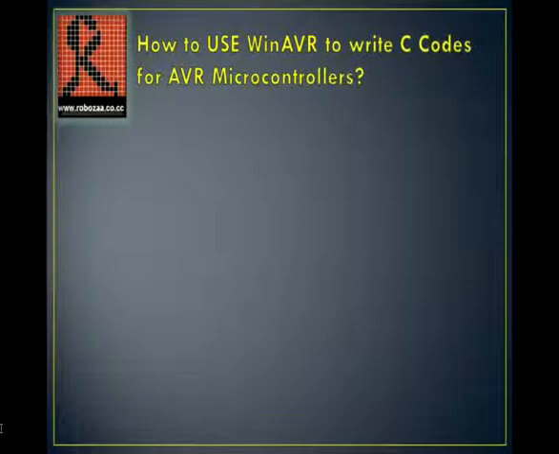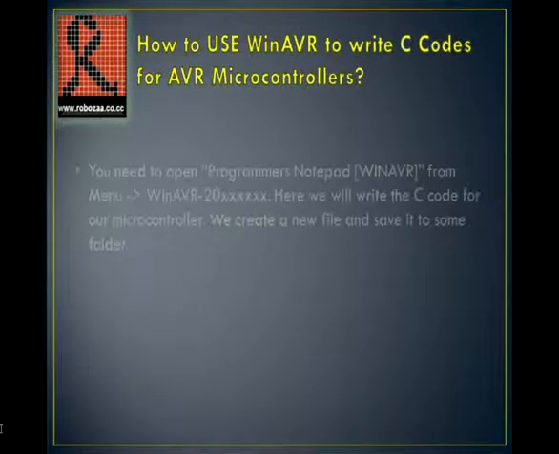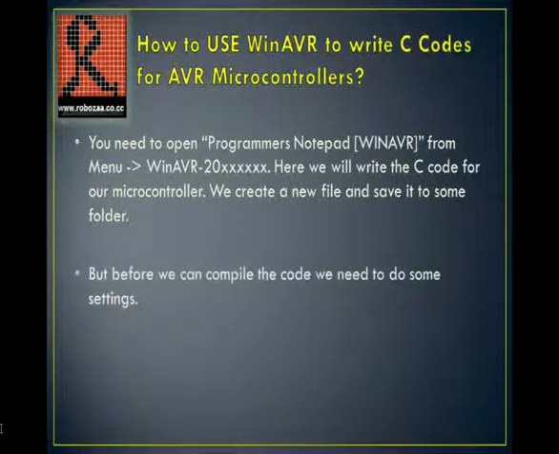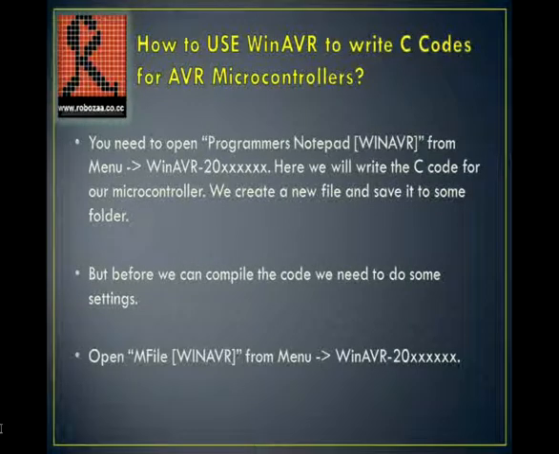Now that we have installed WinAVR, how do we use it to write our own C code for AVR microcontrollers? Well, you need to open two things. First, your Programmer's Notepad, which is installed by default when you install WinAVR 2010 or 2008 version. And also you need to open your makefile.